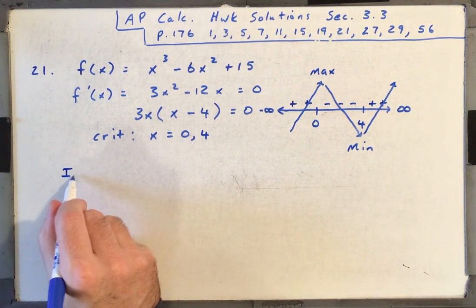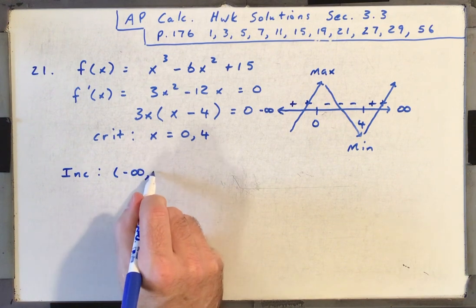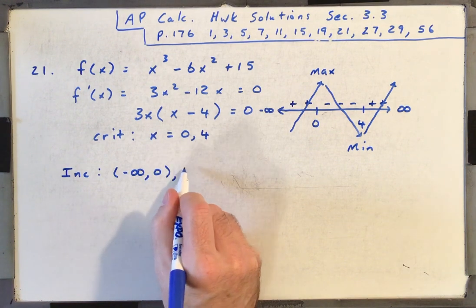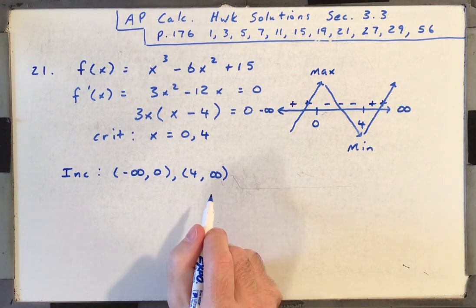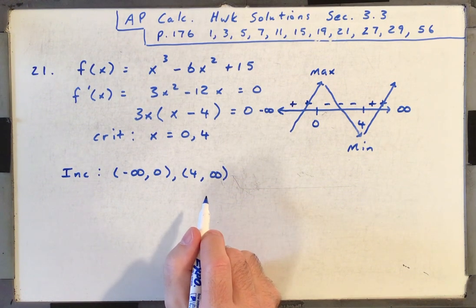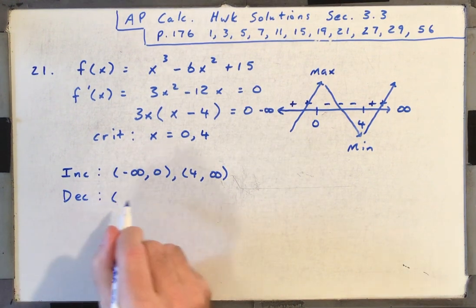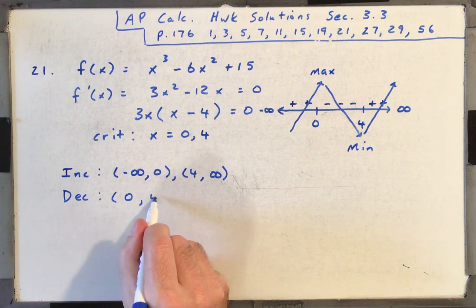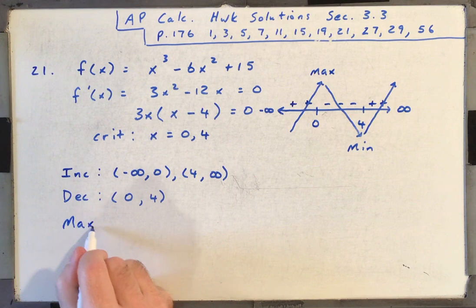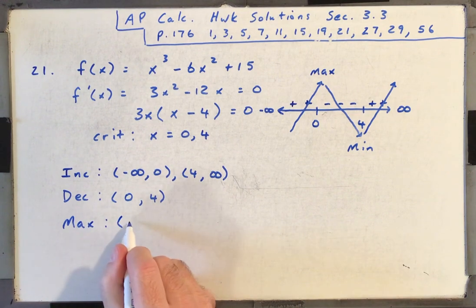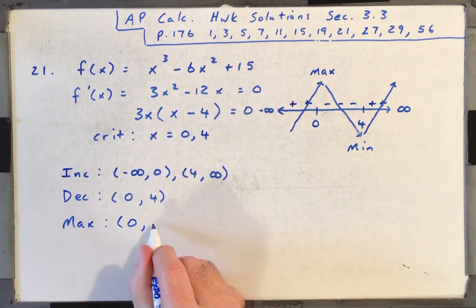We're increasing from -infinity to 0 and from 4 to infinity. We are decreasing from 0 to 4. We have a max at the point 0, and if we plug in 0 to the original, it would be 15.